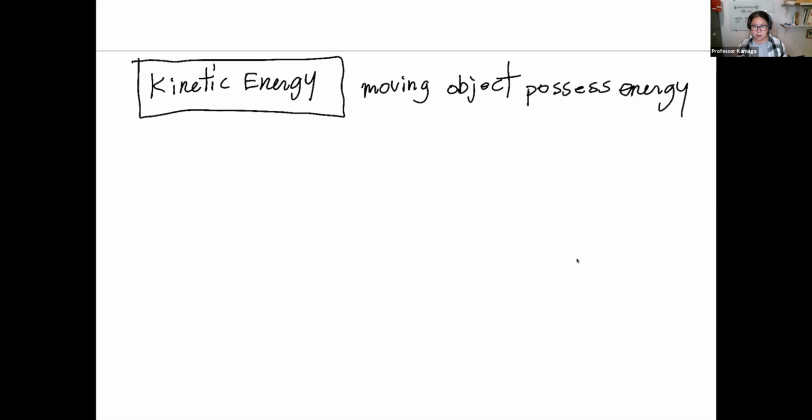So again, like momentum, when you have an object that's moving, it possesses some energy, and the kinetic energy is 1/2 times the mass of the object. So the bigger the inertia, the bigger the mass, the more kinetic energy you have.